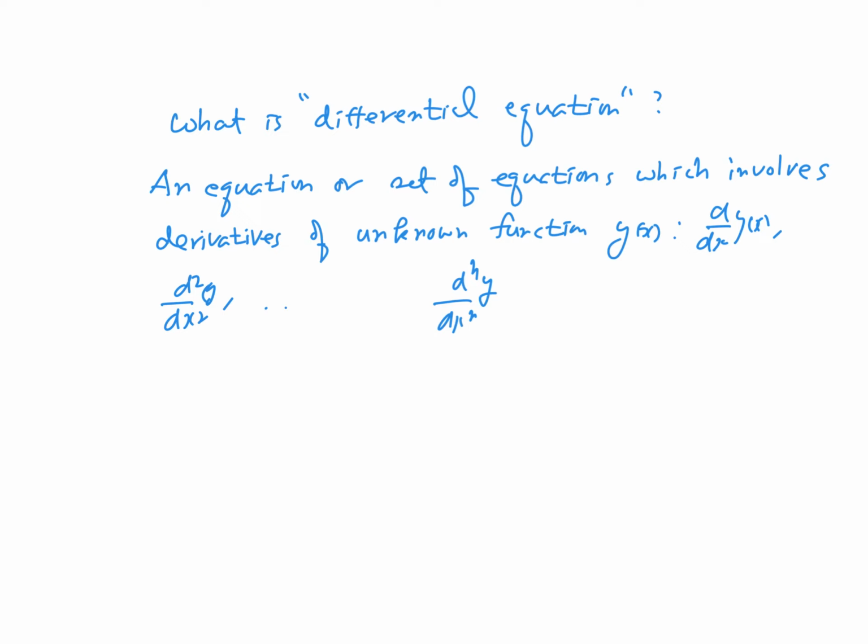So dy/dx, d squared y over dx squared, up to d^n y over dx^n. I'm going to call these y prime, y double prime, up to y to the n.